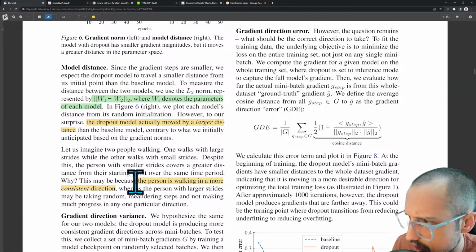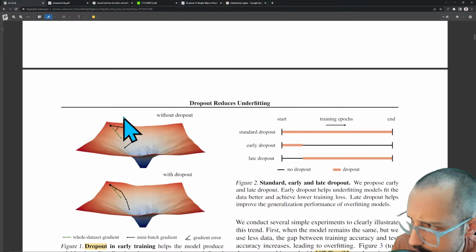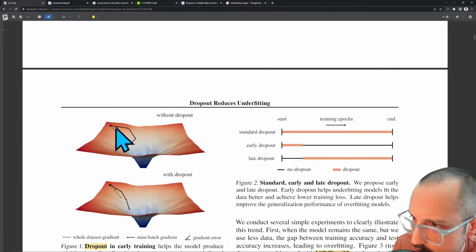That's actually a very good little analogy, right? When you don't have dropout, your gradient steps are bigger, but when you compare the model at some point in time here and then the model at some point in time here, the total amount of distance traveled, the difference between the weights of model 1 and the weights of model 2, are actually not that far.